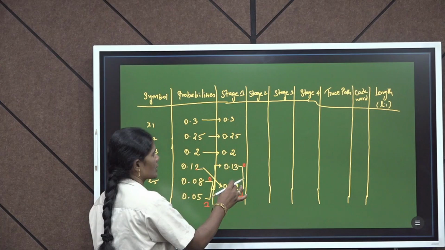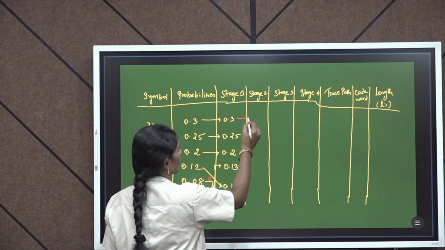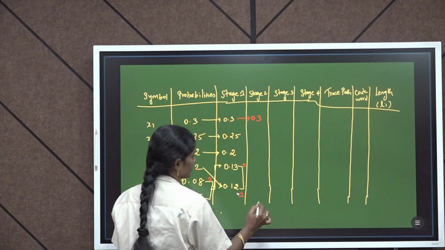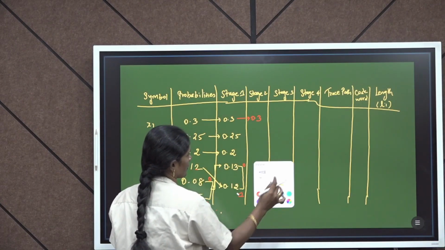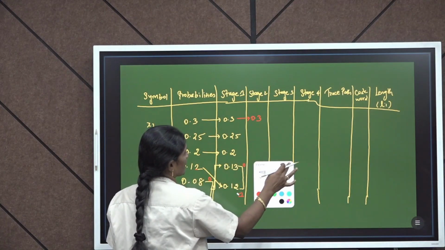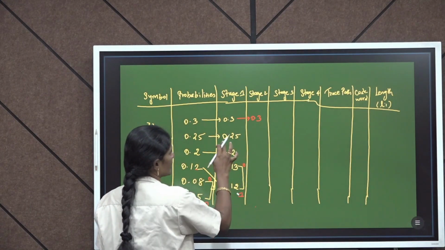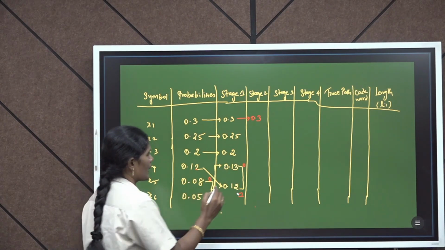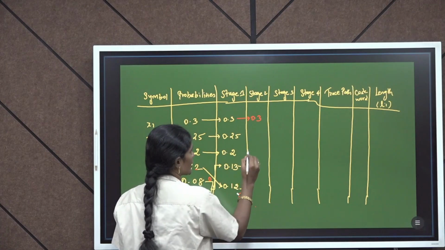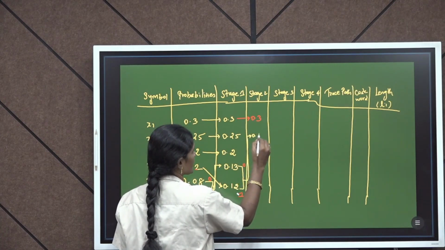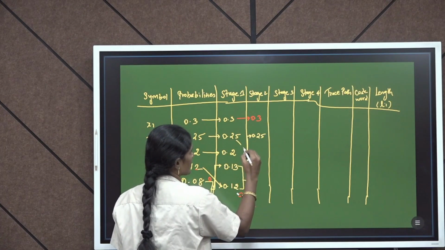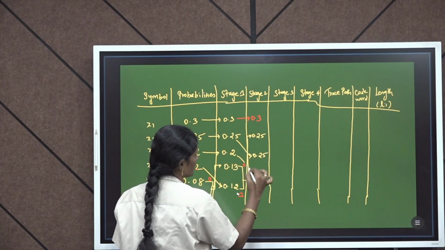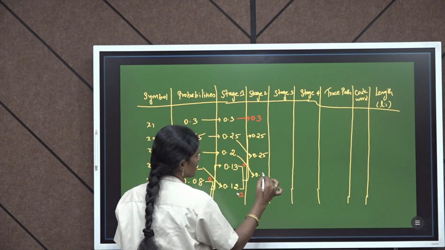So, this 0.3 has no change, and occupies this place. Next, the addition result is 0.25. The second message is also 0.25. So, we can place this addition result 0.25 in the second place. Next, this 0.25 comes here. Next, this 0.2 occupies the fourth place.